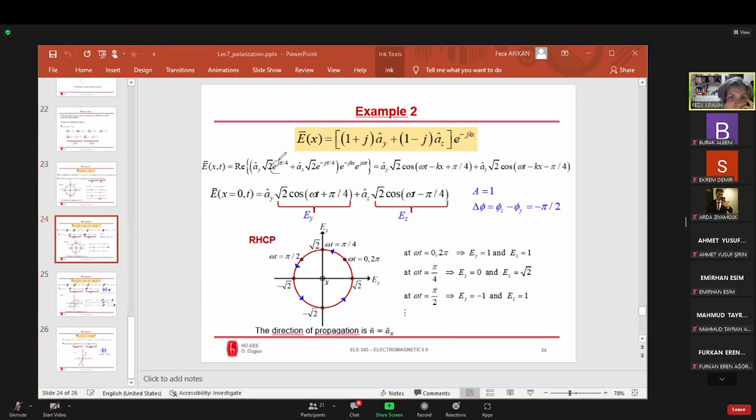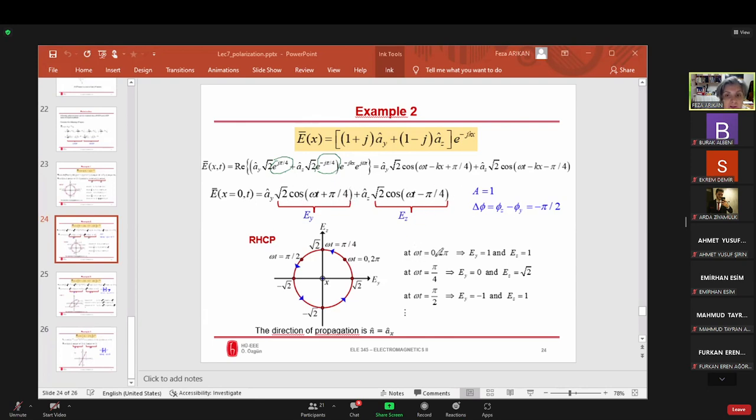So this has pi over 4, 45 degrees, and the other one has a minus 45 degrees phase shift. e to the minus jkx times e to the j omega t, take the real part of it. So you can write the ay component and az component with respect to their phases. At x equal to 0, at a fixed point in space, you're going to have the y component and the z component.